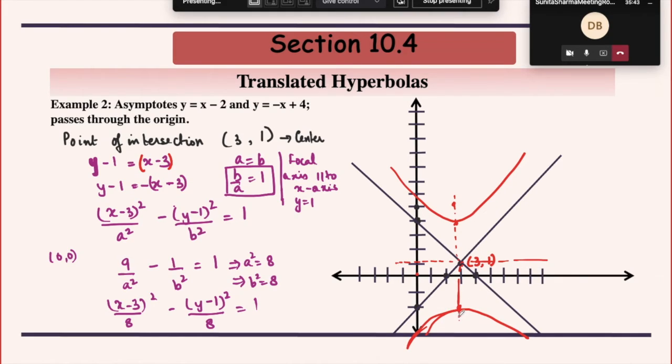But does that give you the second condition satisfied? Does it satisfy the second condition if I make the branches like this? Yes, the condition of passing through the origin. We have to keep this in mind also.